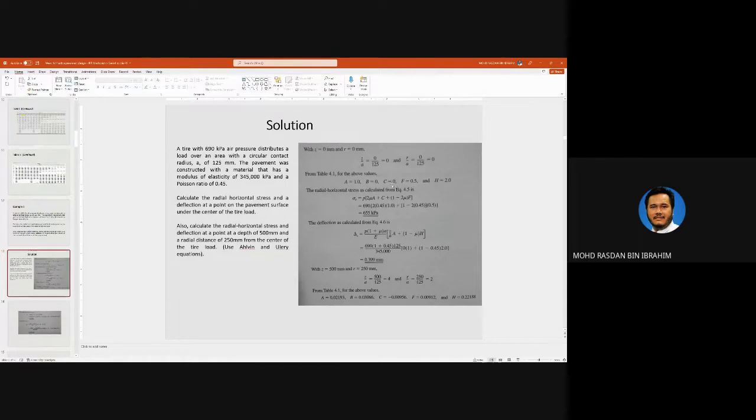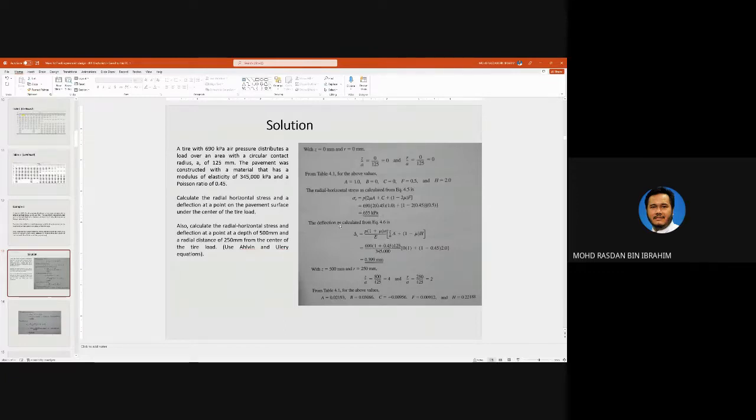You proceed with the other values as well. Now you just use this formula, where small p is the tire pressure, A is the value from the functions, and mu is the Poisson ratio. So you calculate the radial horizontal stress, delta R, and you get 655 kPa.